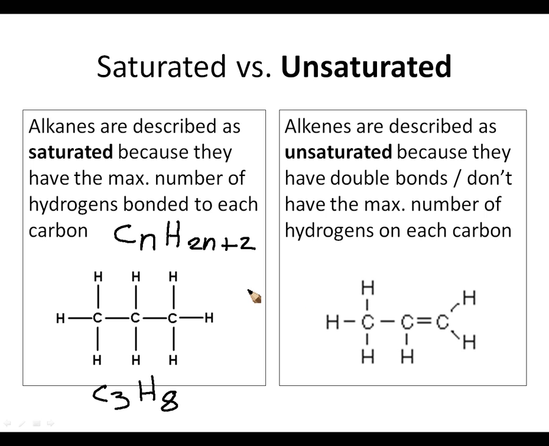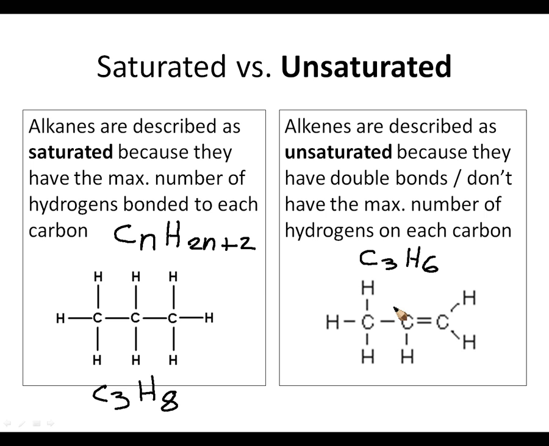Whereas alkenes are unsaturated. You'll see here, because of the double bond, this carbon now has 4 bonds because of the double, and this one has 4 because of the double there. You can see the formula is now C3. We've still got 3 carbons, but count the number of hydrogens: 1, 2, 3, 4, 5, 6. H6.